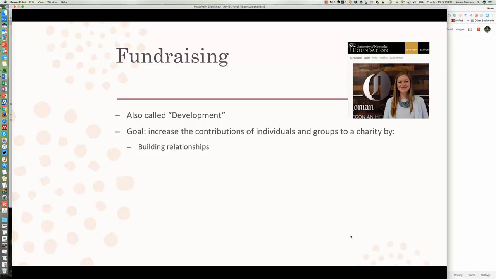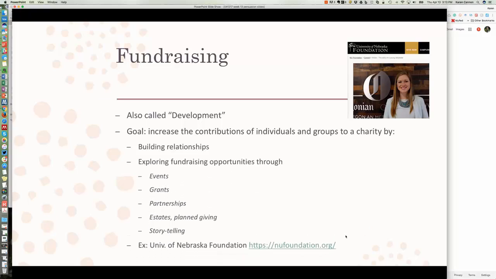And the area of development fundraising is a big pool. There's all kinds of strategies and information to think about. But some of the different strategies are holding events, making grants, establishing partnerships to build new buildings. When people have money that they want to give, especially older people, planned giving.